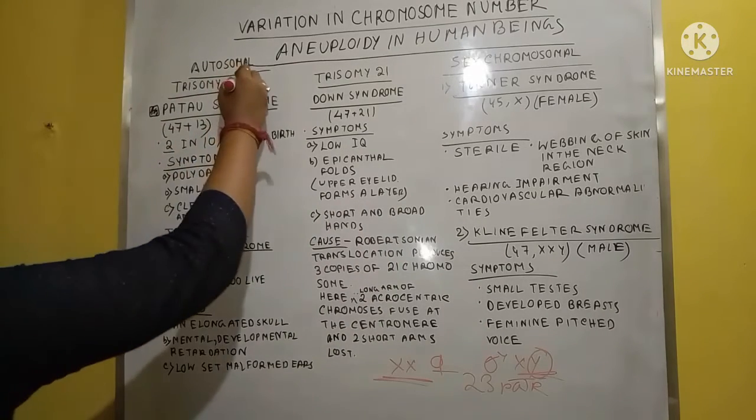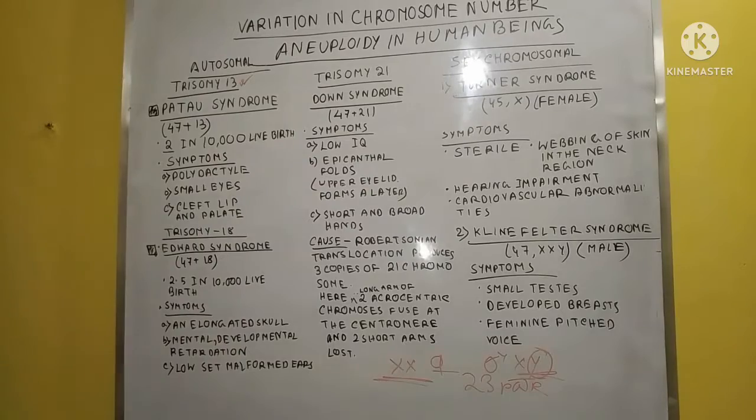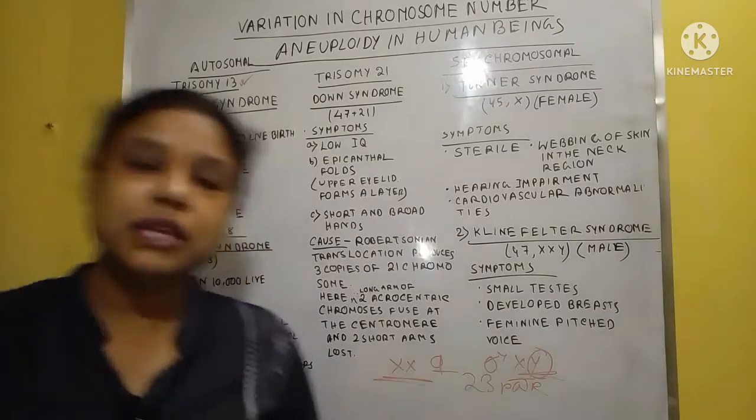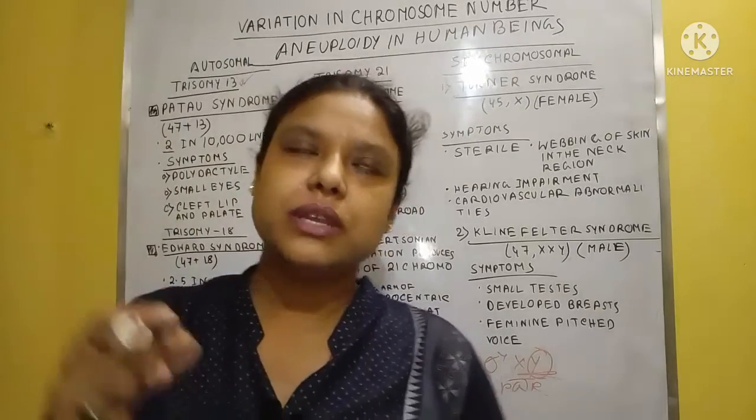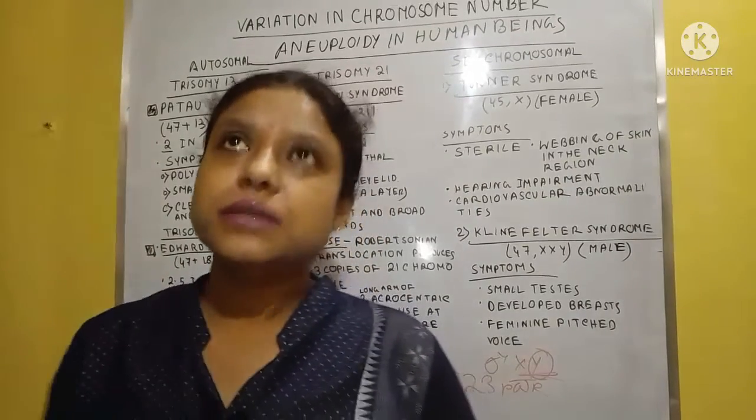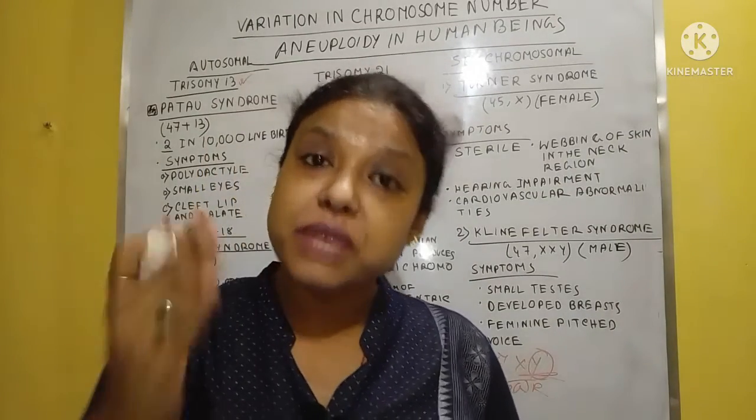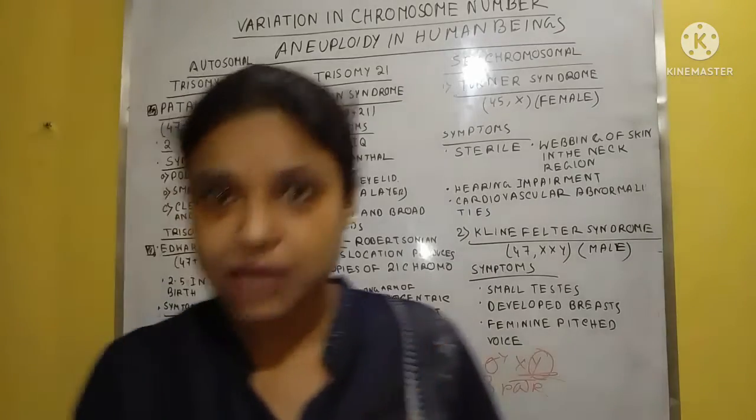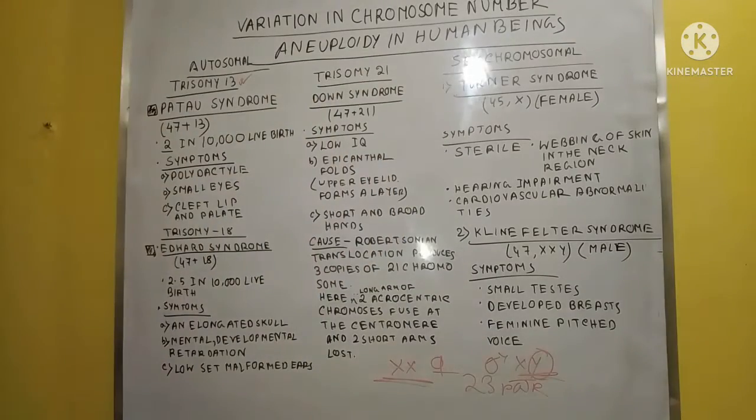First one is trisomy 13. And again I want to say that you should check out what trisomy and what tetrasomy are. I explained them in my previous video, otherwise you cannot understand these terms. Clear? So this is trisomy.